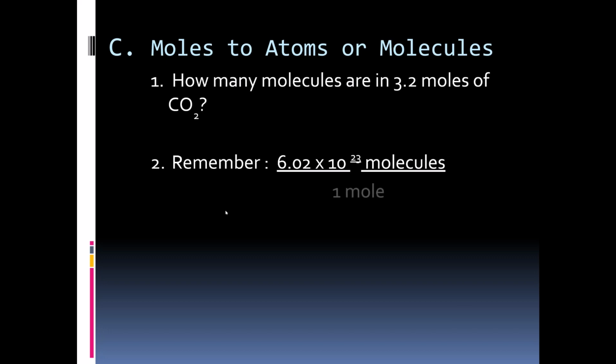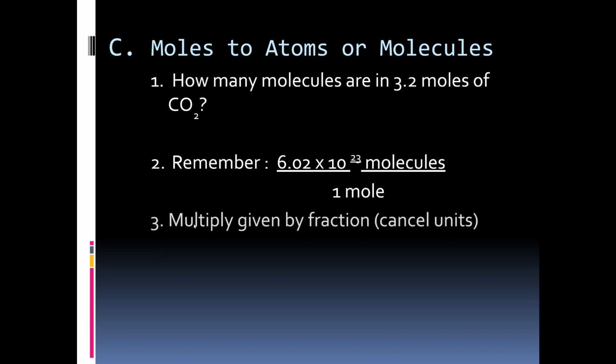So, that is 1 mole. So you need to multiply your given by a fraction to cancel out units. Okay? So we want to find molecules, so we have to make sure that is on the top, and moles is going to be on the bottom of our conversion factor.